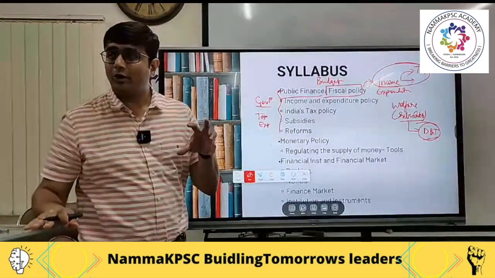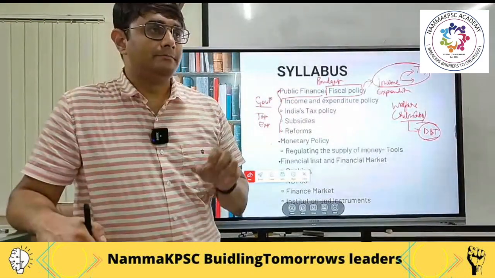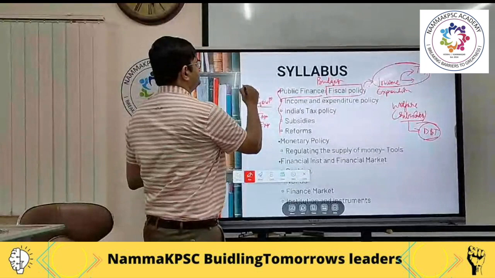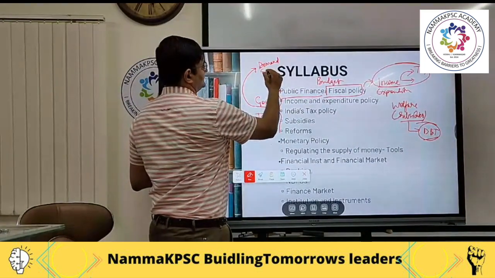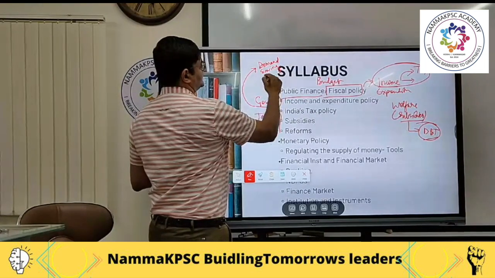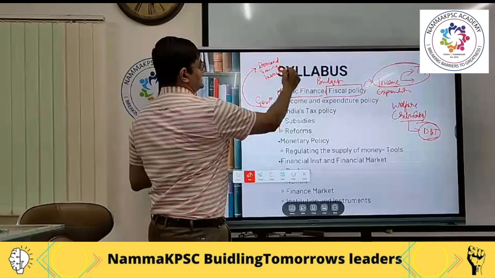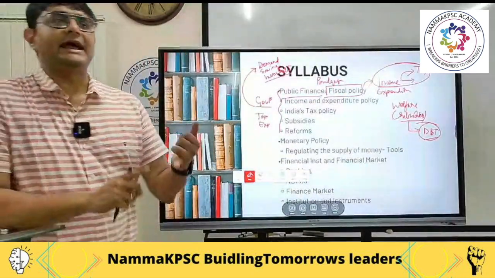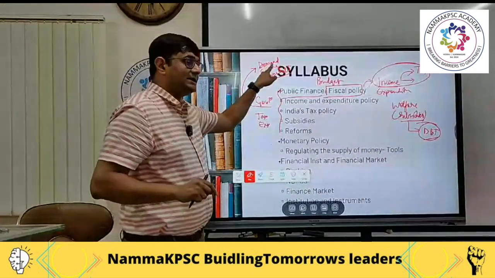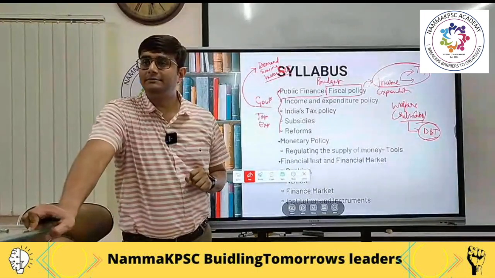And they play a very important role in the economy because it affects demand, it affects savings, it affects investments, etc. All this I will discuss in detail later, just to give you a broad overview. Like taxes: if tax is increased, what will happen to the demand?